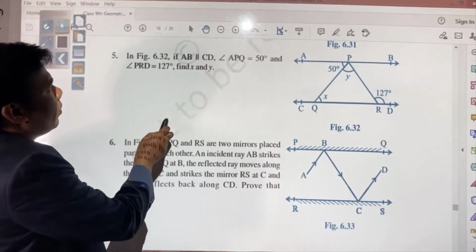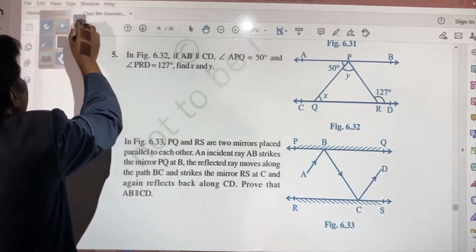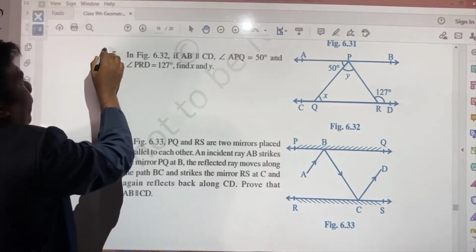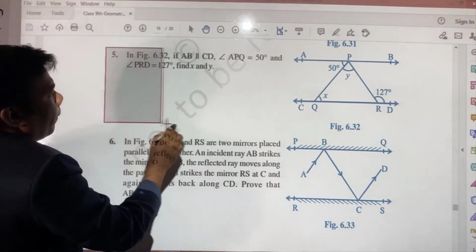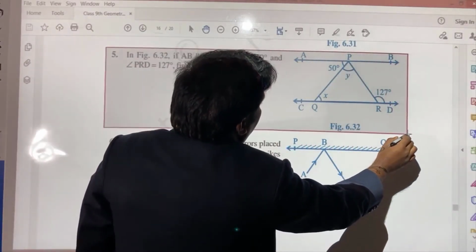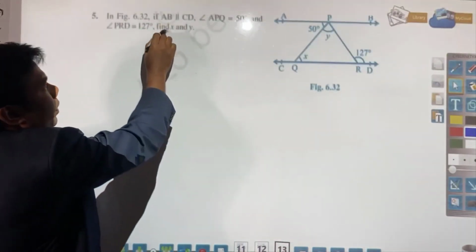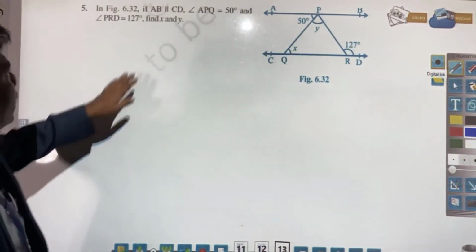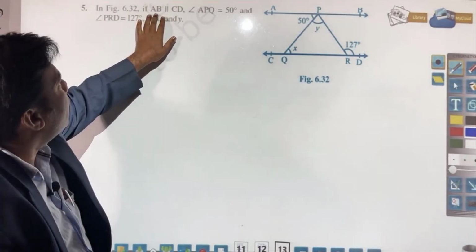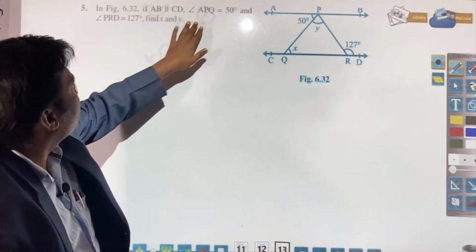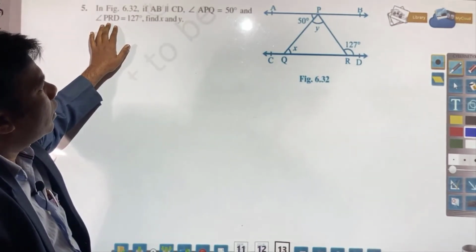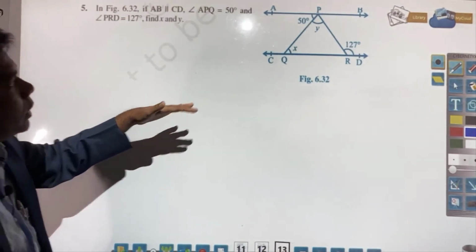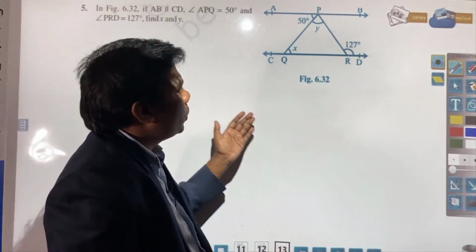Then we have question number 5. Here you see, if AB is parallel to CD, APQ is equal to 50 degree and PRD is equal to 127 degree, you need to find out X and Y. I am making you understand how it is to be done, just to solve by yourself.